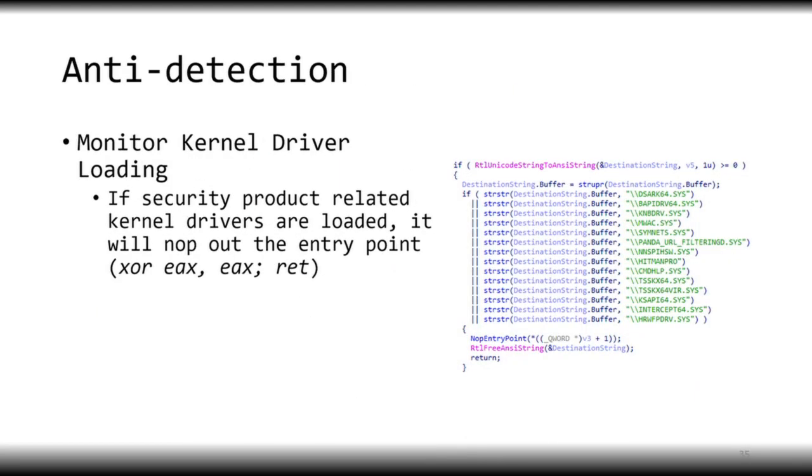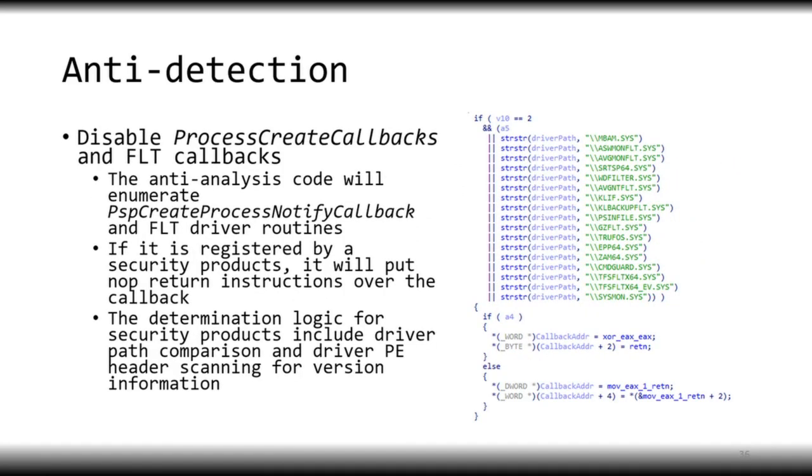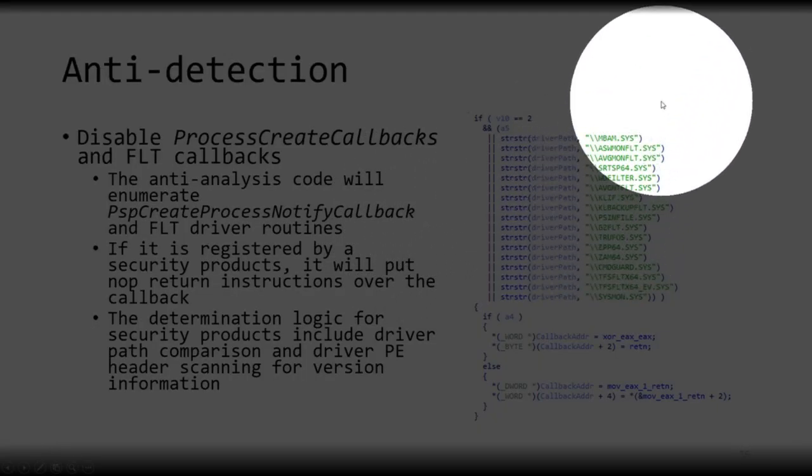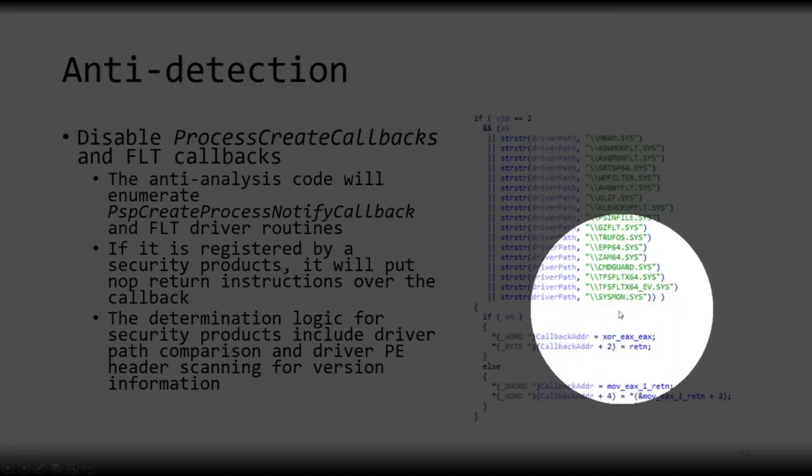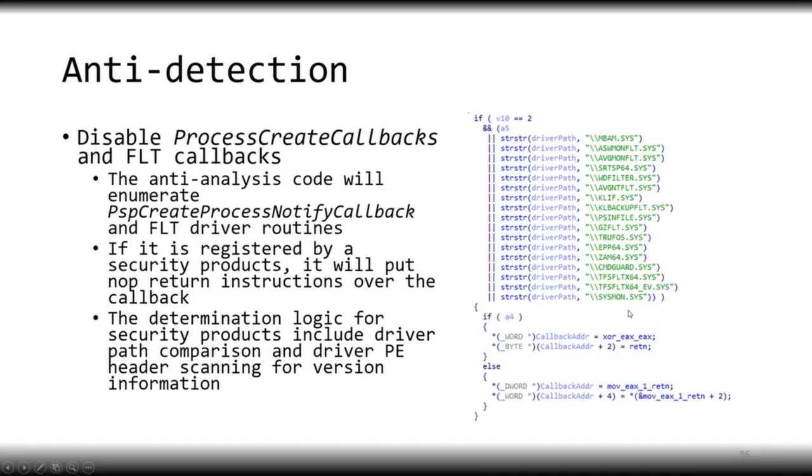So now, this one is very special, because whenever these drivers register any filter driver or process callback, this rootkit will neutralize those callbacks, just by putting the NOP code at the start of the callback code.